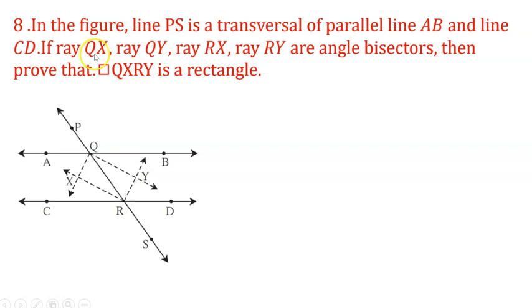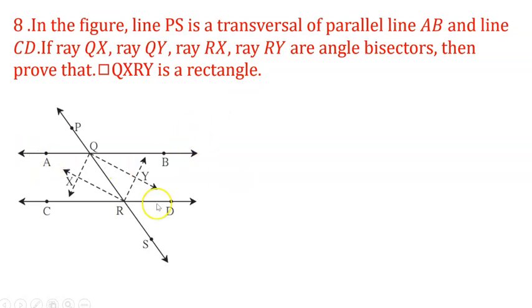If ray QX, ray QY, ray RX and ray RY are angle bisectors, then prove that quadrilateral QXRY is a rectangle.